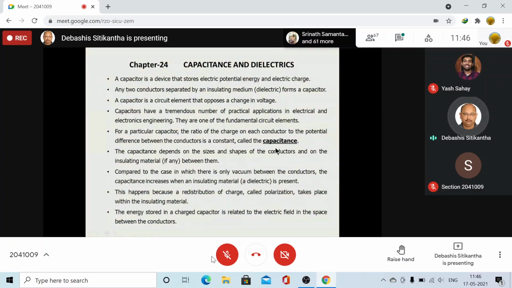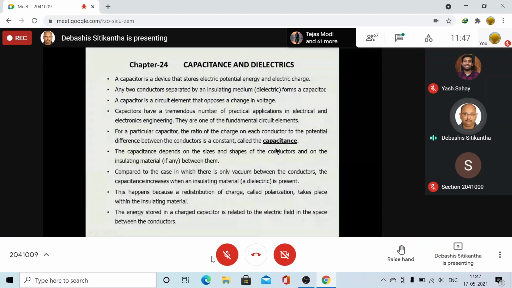The first one I told is not a very good definition. Suppose in an interview they ask you what is a capacitor and you answer it. Out of 5 marks they will give you 3 marks because you are not wrong. But that is not the best answer. A capacitor is a device that stores electric potential energy and electric charge. My goodness, the charge is already present, so how is it going to store the charge?